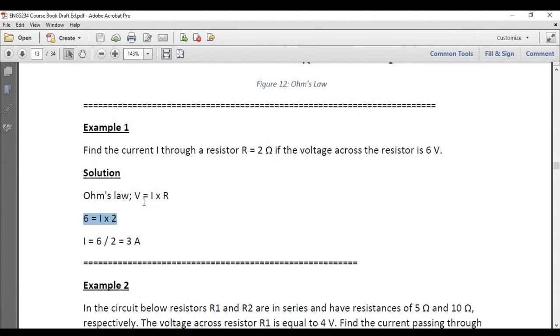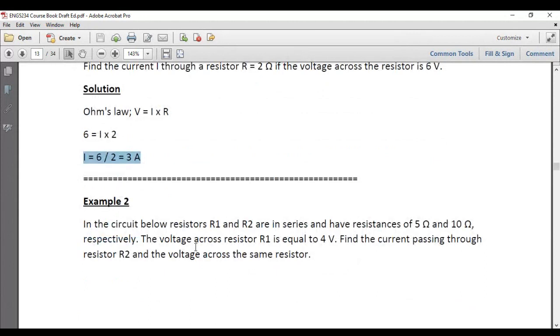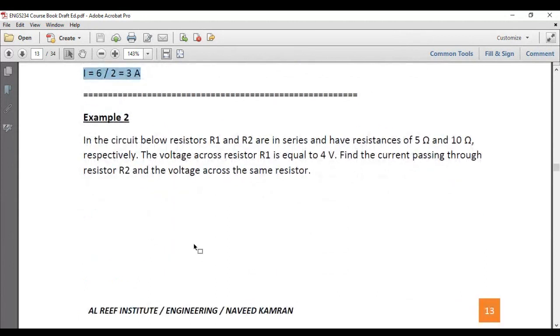V is 6, I we don't know, we just need to find it, and R is 2 ohms, and the remaining you know how to solve, and you get the answer as 3 amperes. That was pretty quick and easy.